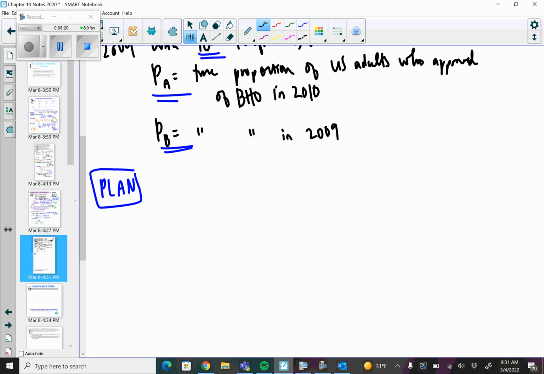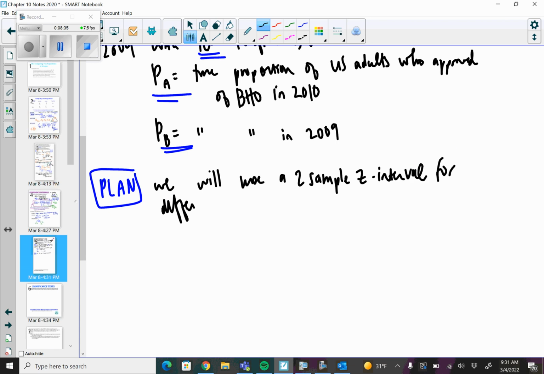So in our plan, we will use a two-sample Z interval for the difference in proportion, assuming our good old random, normal, and independent.